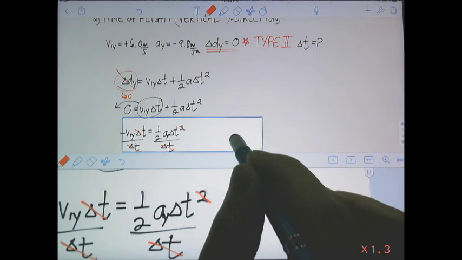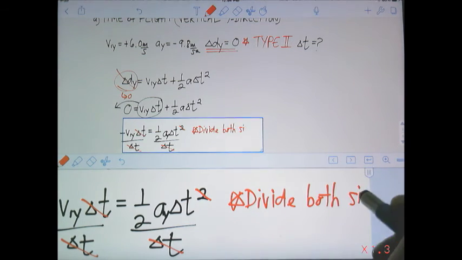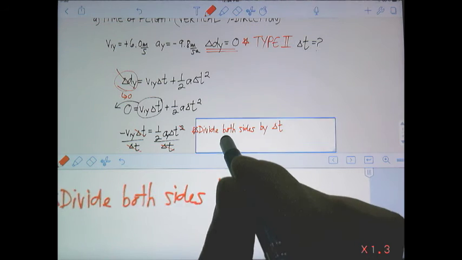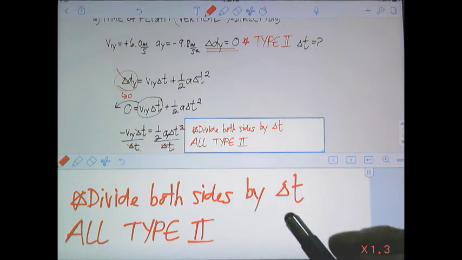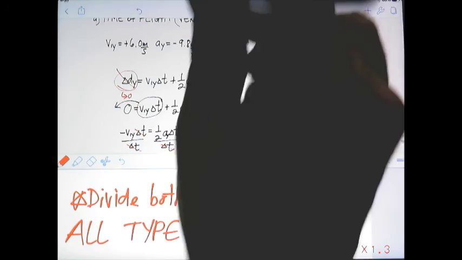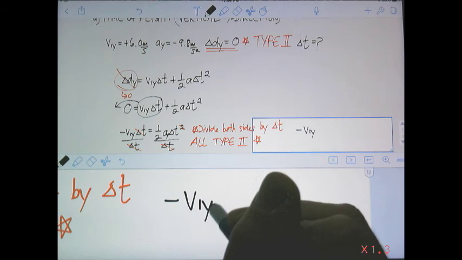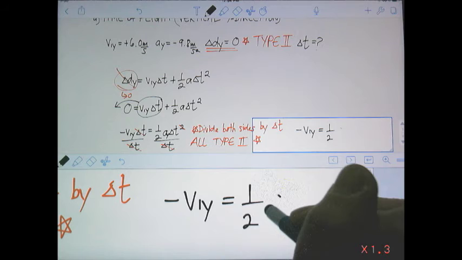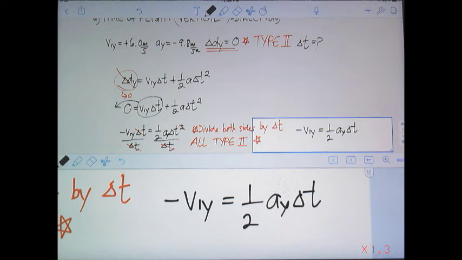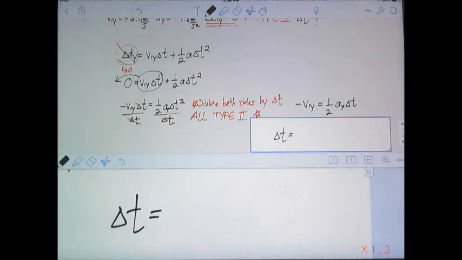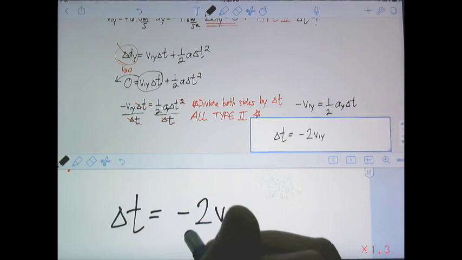So we'll write ourselves a reminder that we divide both sides by delta t, and you'll see this in all type 2. If we do this, this equation simplifies to negative v1y is equal to 1/2 ay delta t. Now let's solve this for delta t. Delta t is equal to negative 2 v1y over ay.